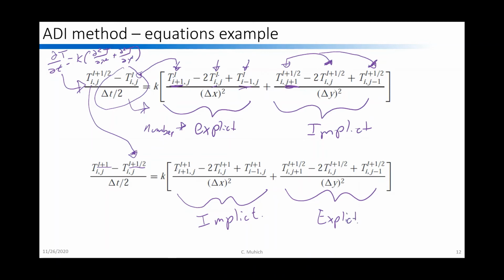Okay, so notice for the y sets, now it's L plus 1/2, L plus 1/2, L plus 1/2. So these are all coming down from that previous step. So this term is just a number, right? Because I know all of that information because I just solved for it.